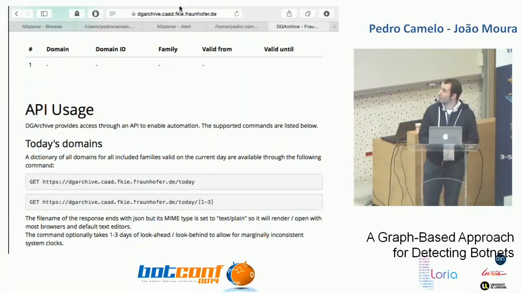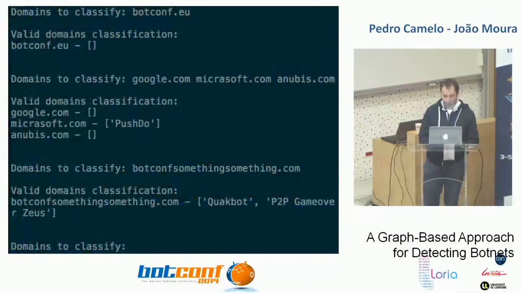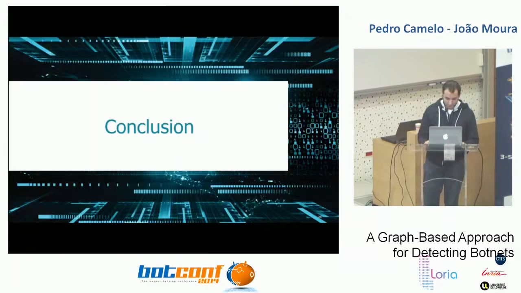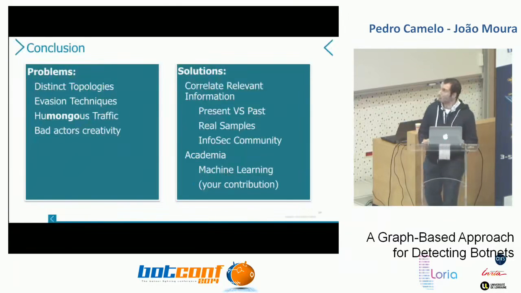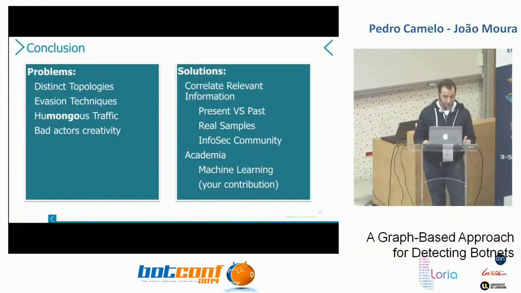So let's return. This one, right here. Okay, so I'll conclude. We have a lot of problems. We have distinct topologies, evasion techniques, humongous traffic, bad actor security.